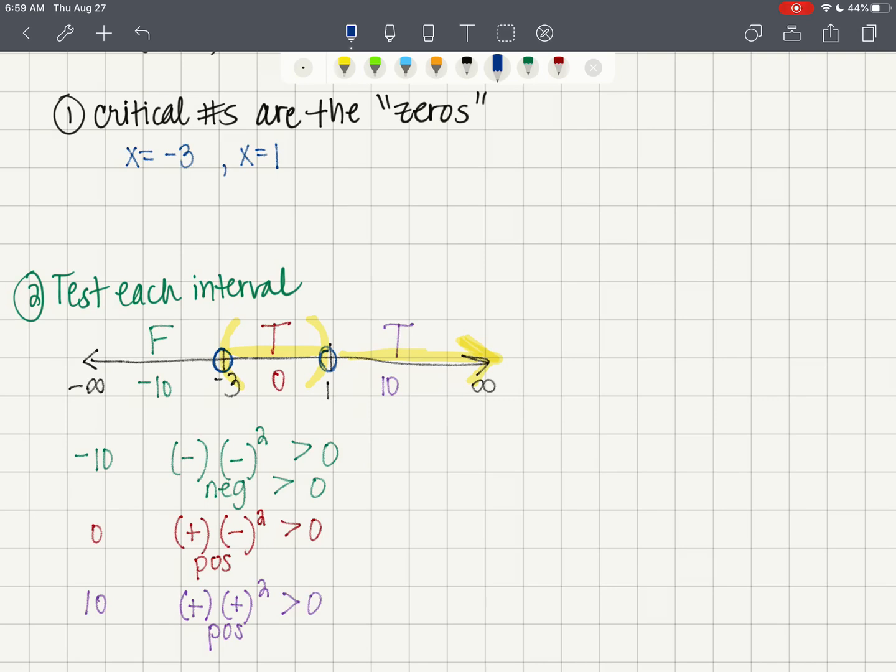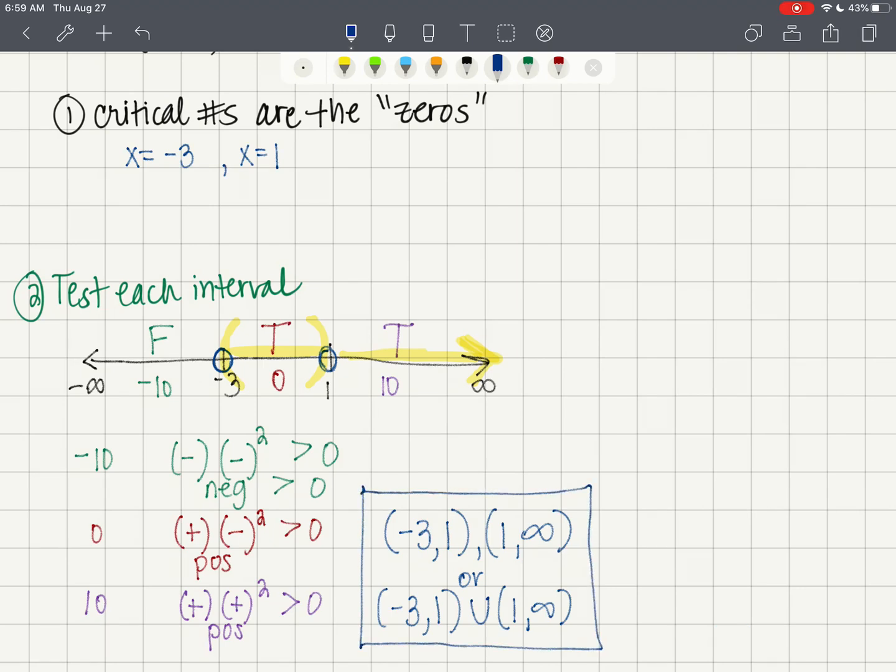So our answer is -3 to 1 and 1 to infinity, and it's all open intervals. This, or some people write the union symbol in place of the comma. Either one of those forms would be correct.